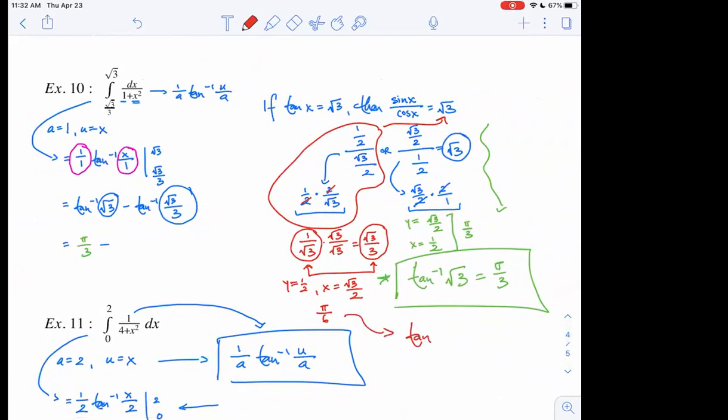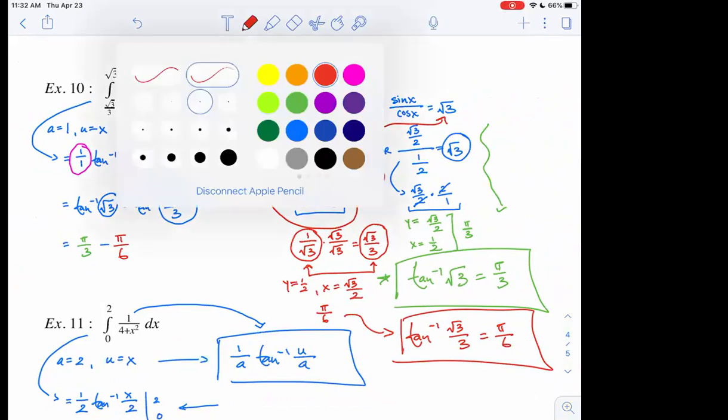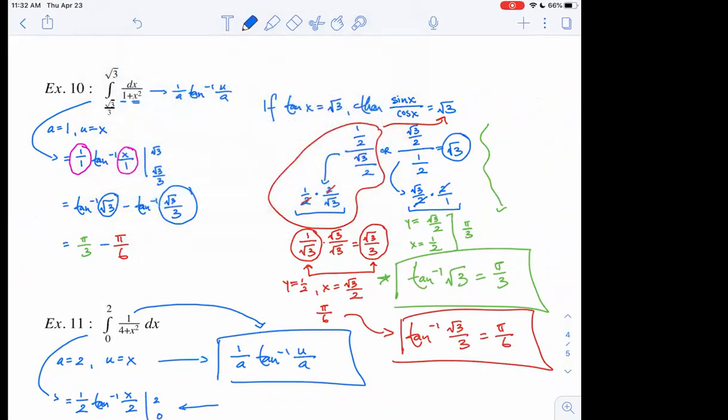Another way to remember that is the arctan of root 3 over 3 is pi over 6. And so I can put pi over 6 here. And then I'm going to make a common denominator. So this will be 2 pi over 6 minus 1 pi over 6, which will give me 1 pi over 6. Okay.